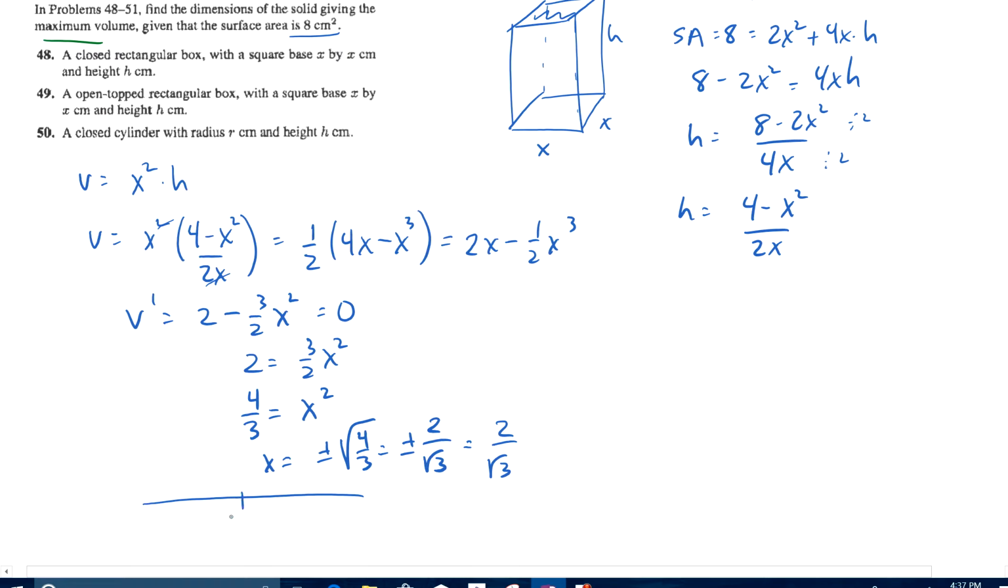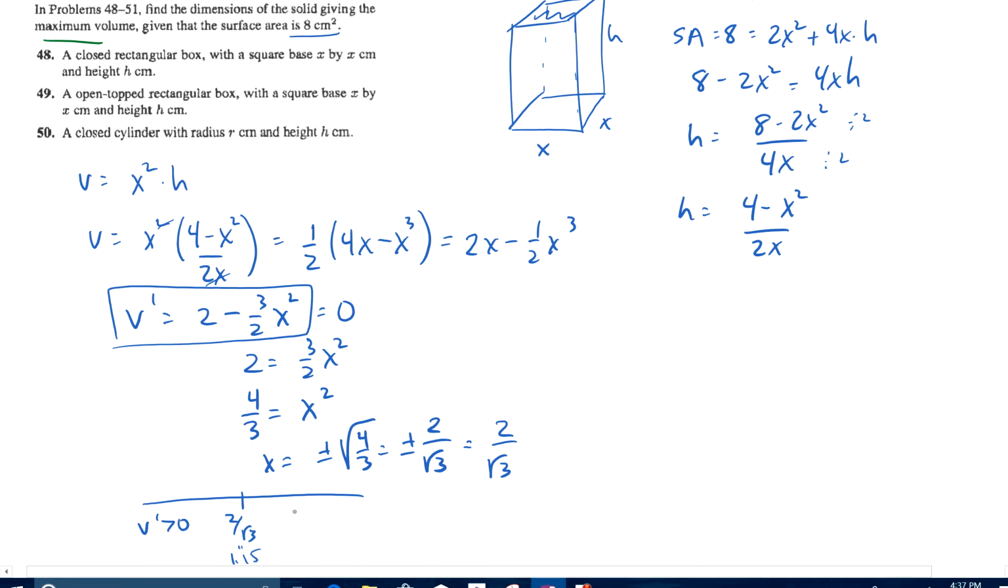2 over square root of 3 is about 1.15. So if I plug a number smaller than that into the derivative, like 1, 2 minus 1.5 is positive. V prime is positive.